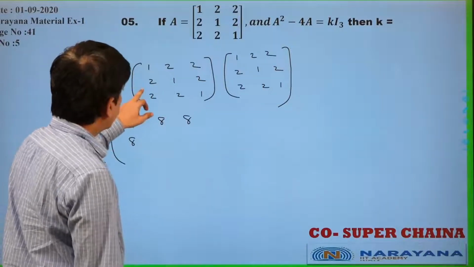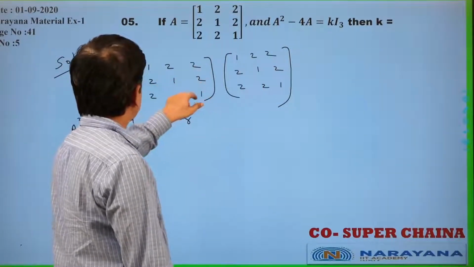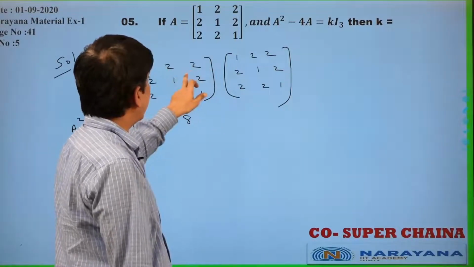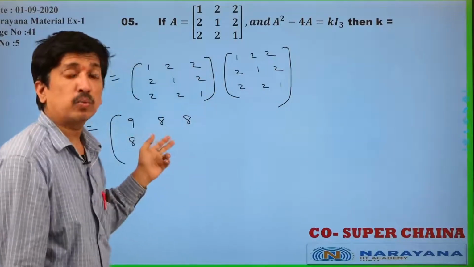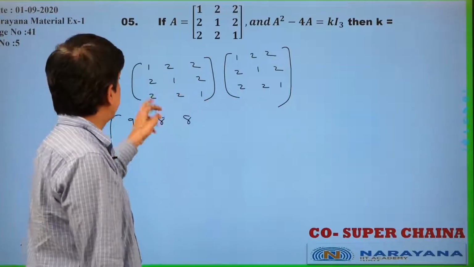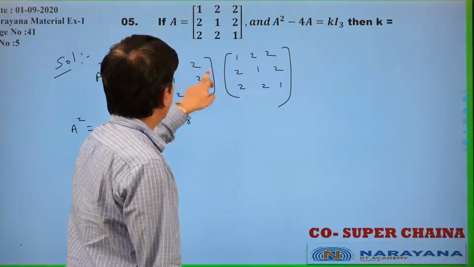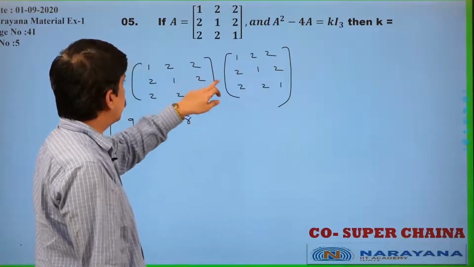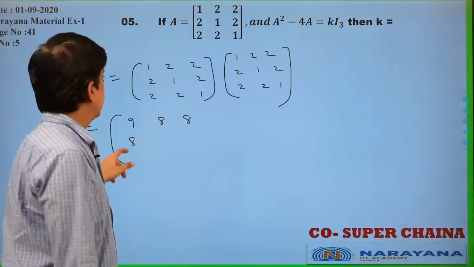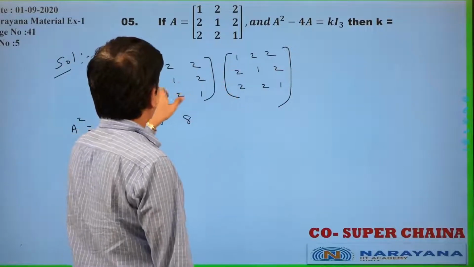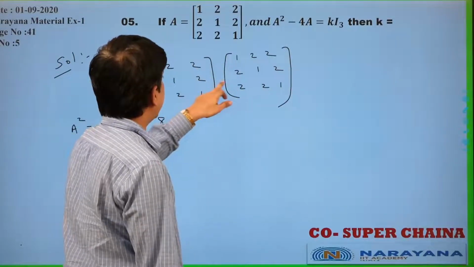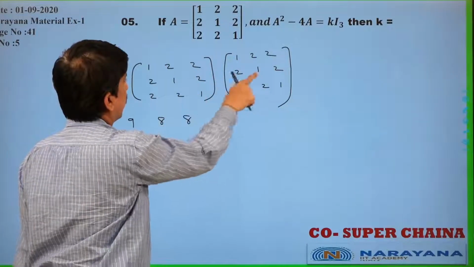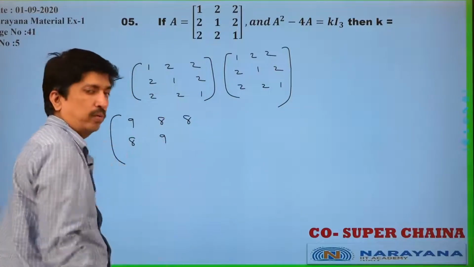Second row, first column: 2 plus 2 plus 4, 8. Second row, second column: 4 plus 1 plus 4, this will become 9 only.